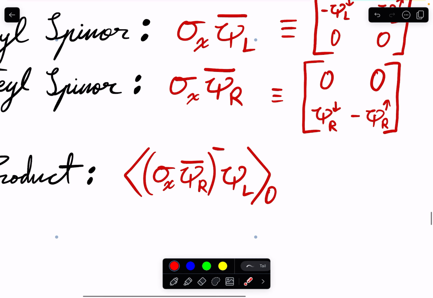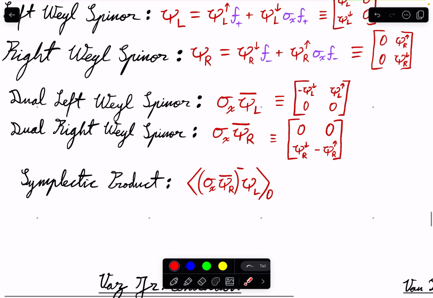Physically, this corresponds to turning a right spinner into a left spinner, and you can only compare spinners of the same type. So you take a right spinner, make it dual, and then convert it into a dual left spinner. The dual left spinner represented by this entire thing interacts with this, and then you take the scalar product of it, and this is the symplectic product.